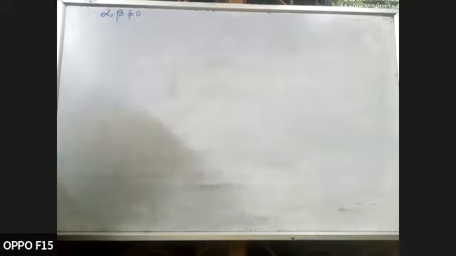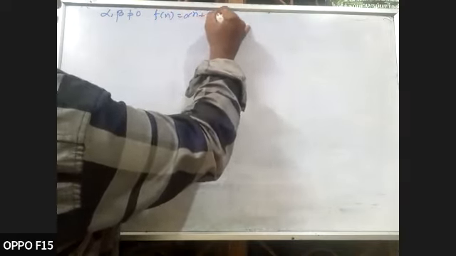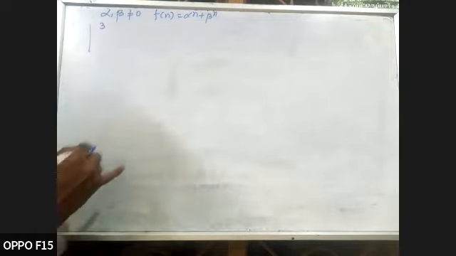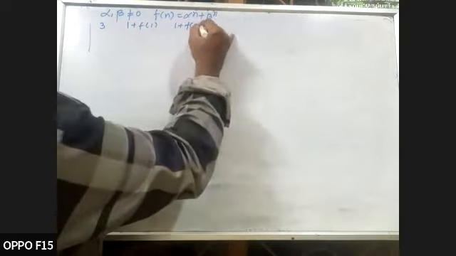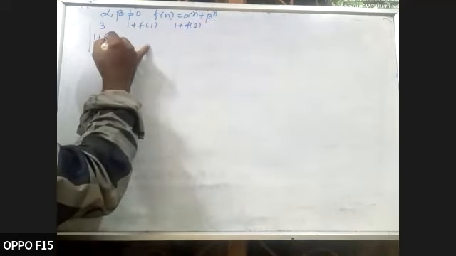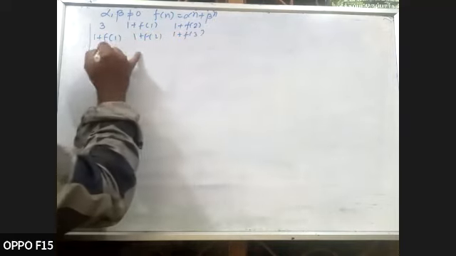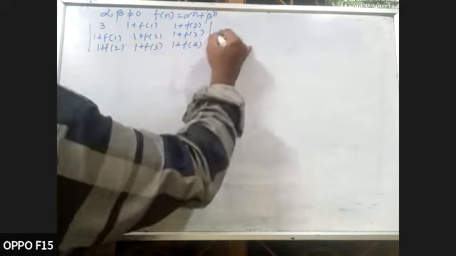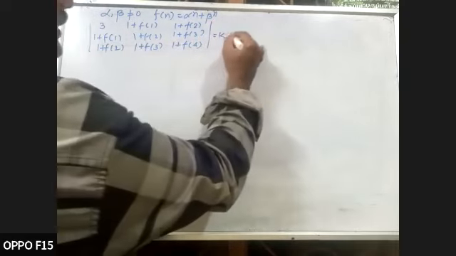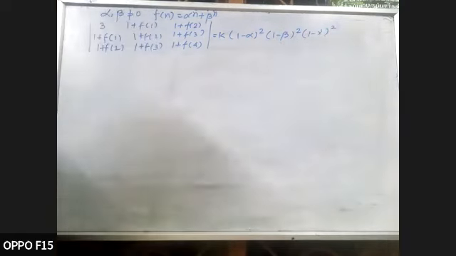If alpha, beta is not equal to 0 and f of n is equals to alpha power n plus beta power n, and determinant 3, 1 plus f of 1, 1 plus f of 2; 1 plus f of 1, 1 plus f of 2, 1 plus f of 3; 1 plus f of 2, 1 plus f of 3, 1 plus f of 4 is equals to k into 1 minus alpha the whole square, 1 minus beta the whole square, 1 minus gamma the whole square.